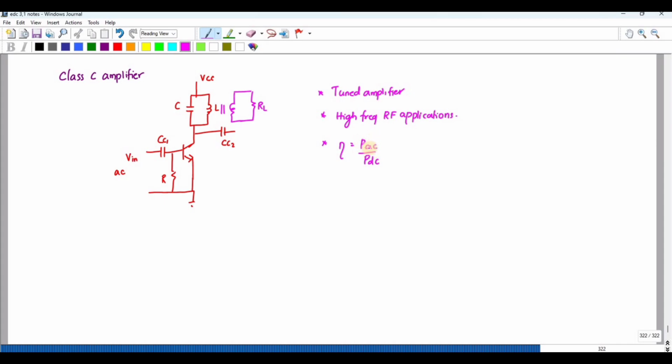So you can see for the minimum input signal we get a maximum output. So it is highly efficient, more than 90%.